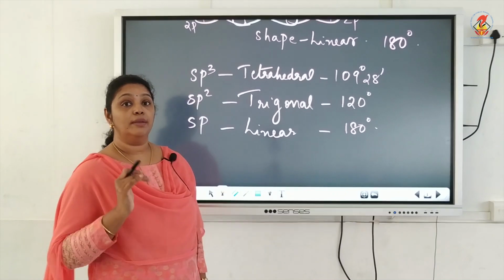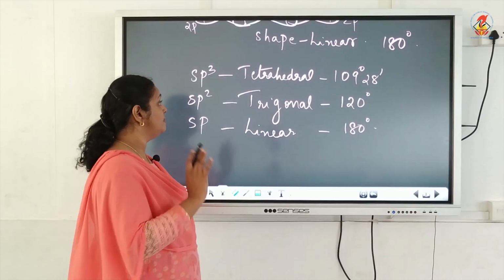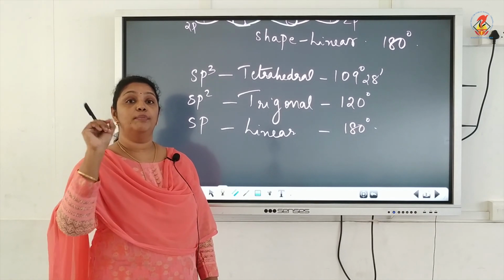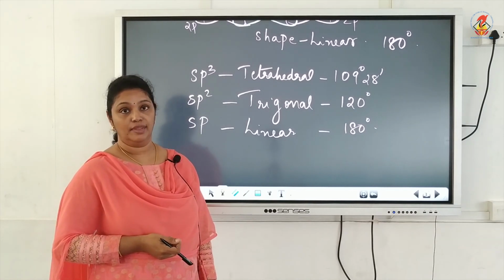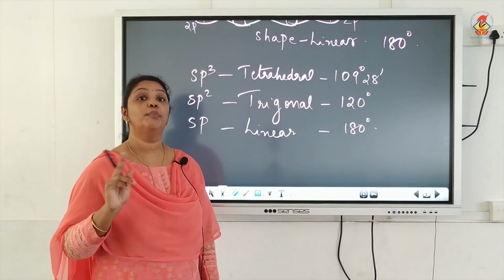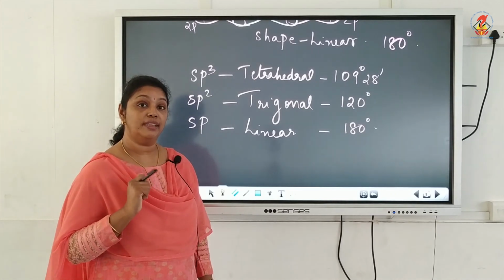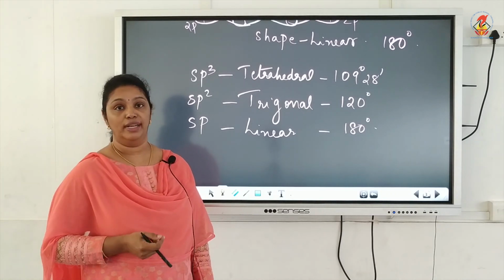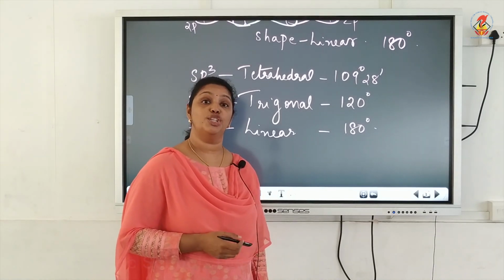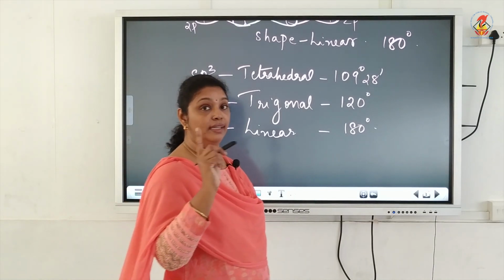Now something more we have to discuss, that is sp3 hybridization is found in single bonded carbon atom. Okay, and sp2 hybridization is found in double bonded carbon atom, and sp is found in triple bonded carbon atom, because for sp3 we discussed the hybridization of methane molecule, where carbon was single bonded.